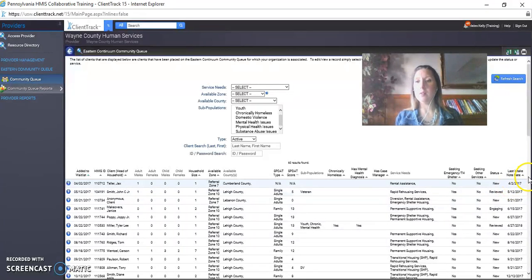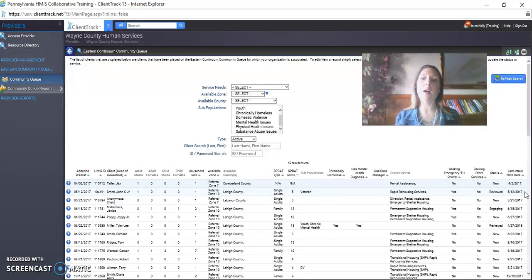Oh, and then also that other column that's not here, but that's important, is last intake note by. As you're on it, you'll get very familiar with the names. You will know the names of the people in your own region that are doing notes, but you'll also get to know the names of the call specialists, or the specialists at the call center and the access sites.